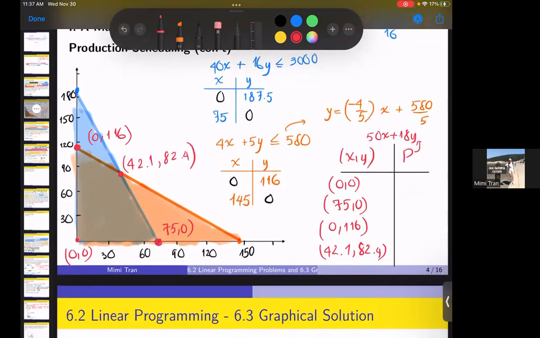So let me give you the happy ending, and then we can go. Zero, 37.50, 20.88, and 35.85.3.